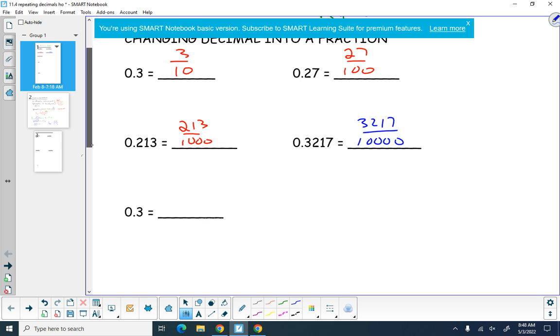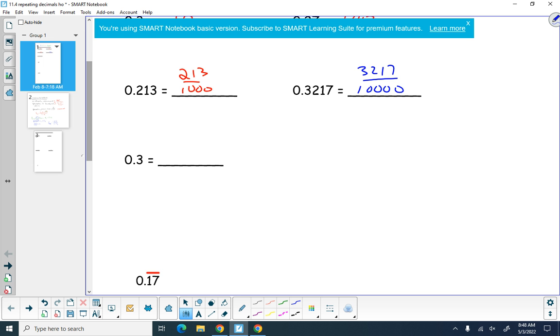But the question is, what happens if I have 0.3 with a bar above that? What the bar means is that I have 0.33333, and so on.